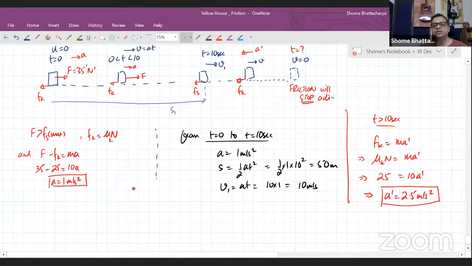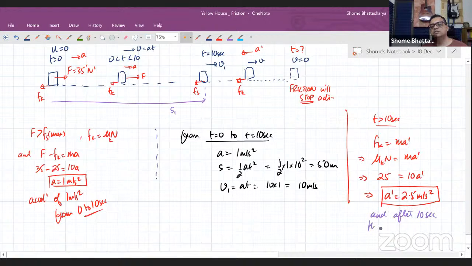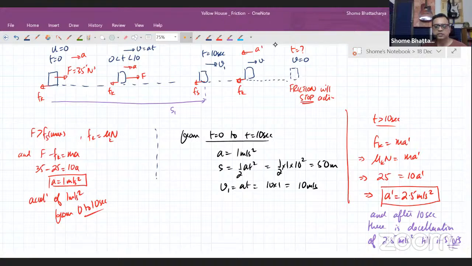So the way to answer the question is that there is an acceleration of 1 meter per second square from 0 to 10 seconds, and after 10 seconds, there is a deceleration of 2.5 meters per second square till it stops. So we need to find out when it stops. And for that, again, you have kinematics, which is very easy.